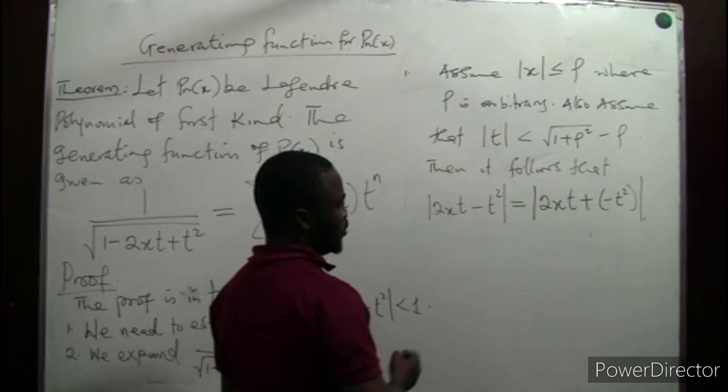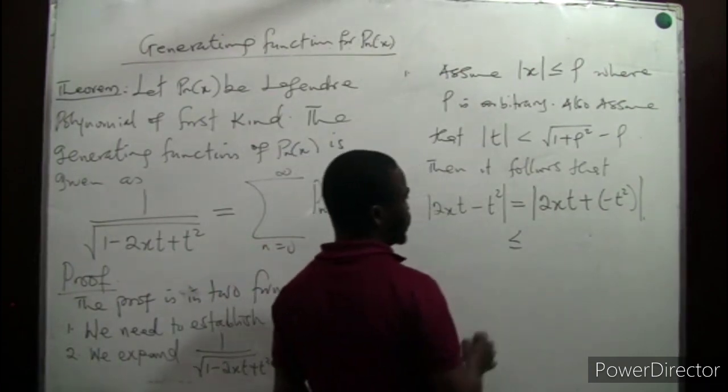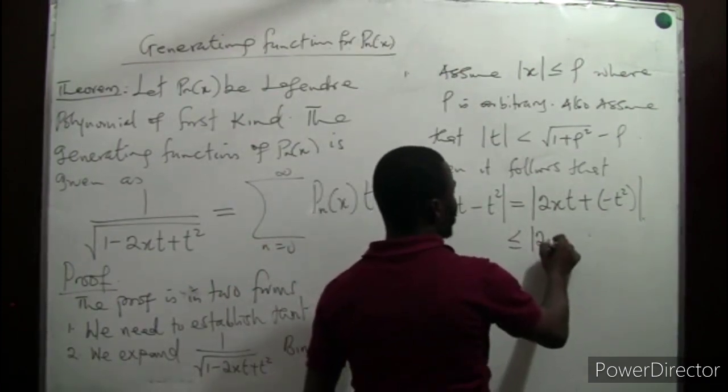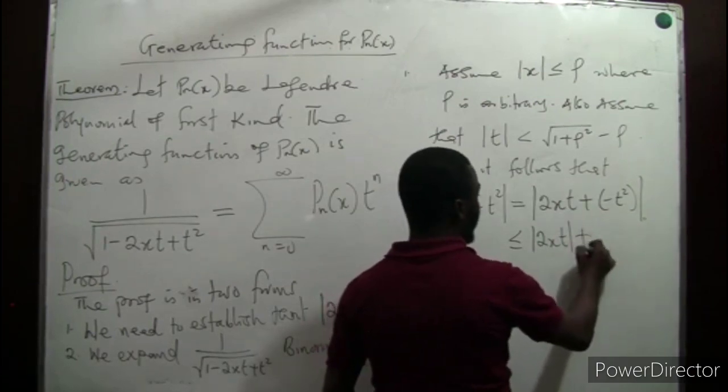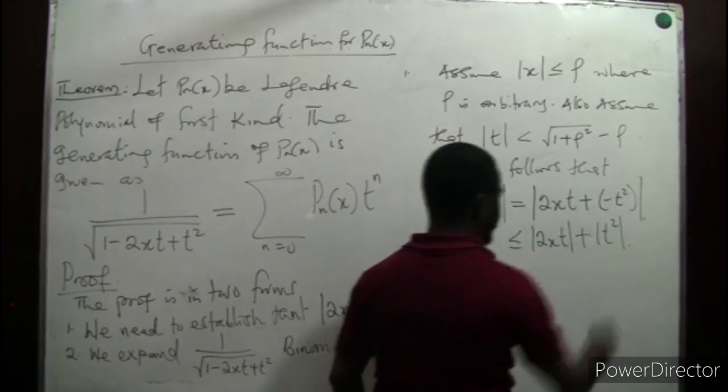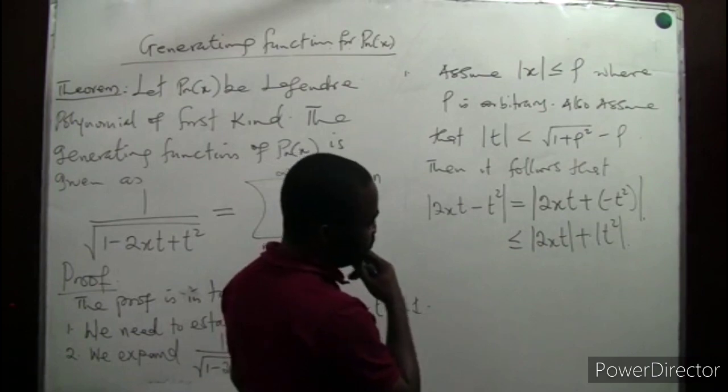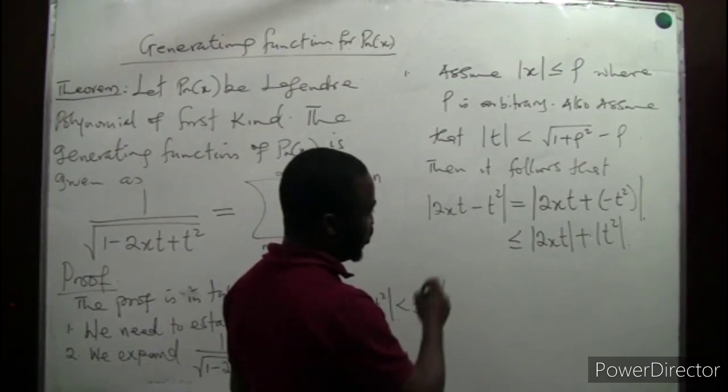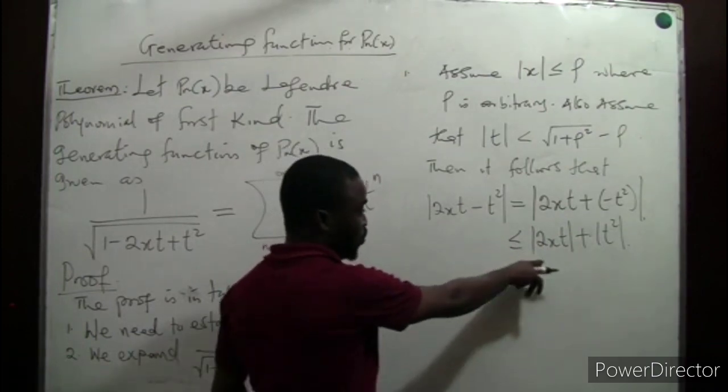Apply triangle inequality. We have less than or equals to modulus of 2xt plus modulus of t squared. Apply some properties of absolute value at this particular point.